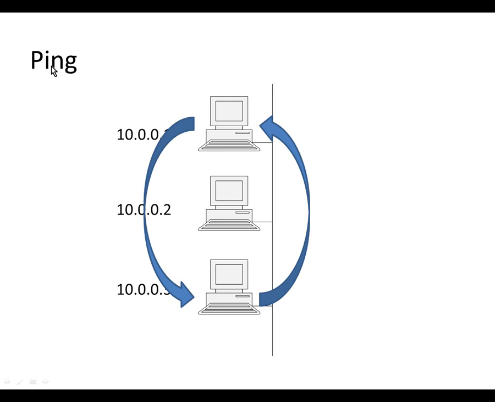Now the ping command is used to determine whether or not you can communicate with another computer. When you ping another computer, you send a signal to the other computer. If the signal comes back, you know the computer is up and running, and you know all the cable between you and the other computer is good.